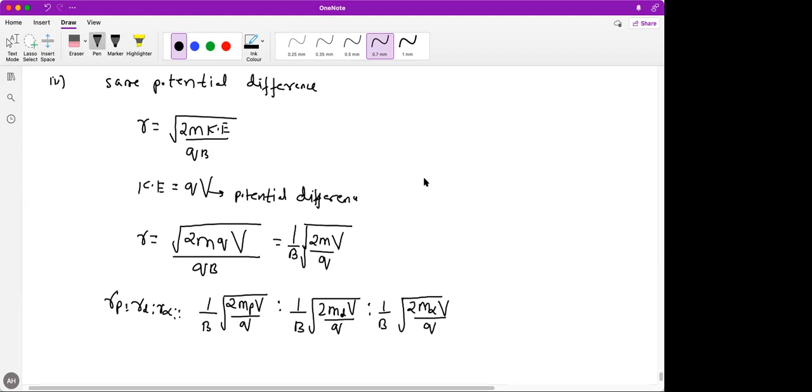Get the ratio of radius if potential difference is same. V is same for all.